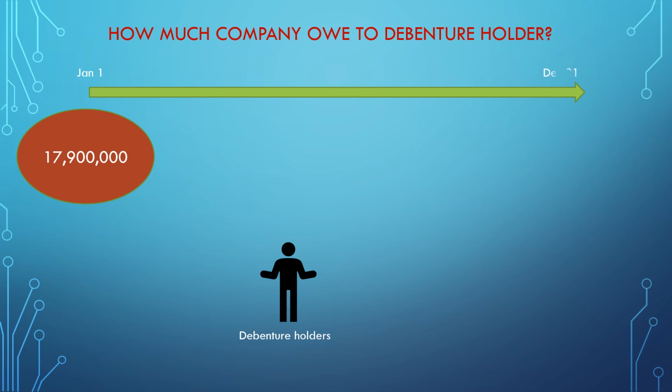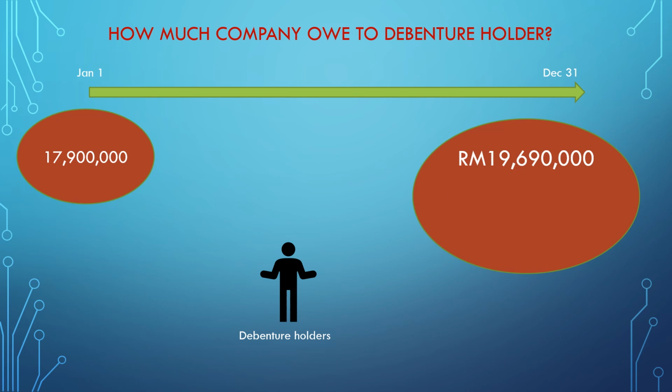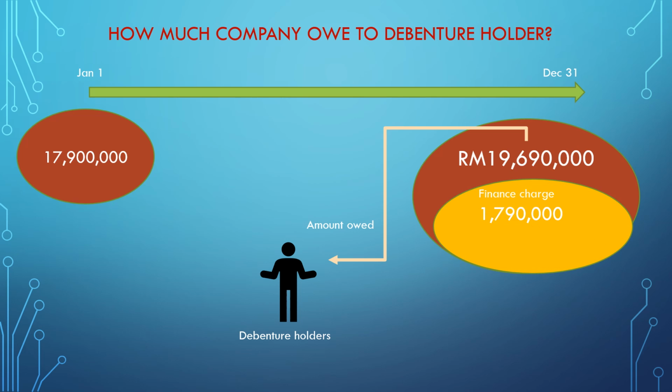So over the year, from 1st January until December 31st, what we actually owe the debenture holders is 19,690,000. That is the amount we owe to the debenture holders, because the amount we owe includes the finance charge for the year.